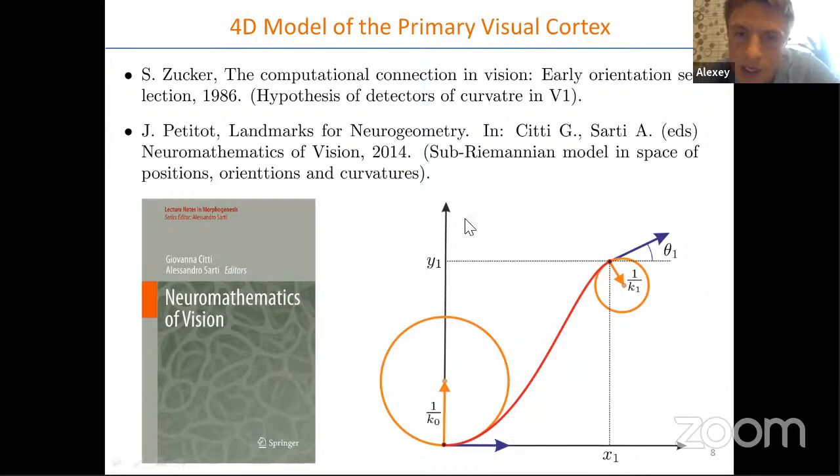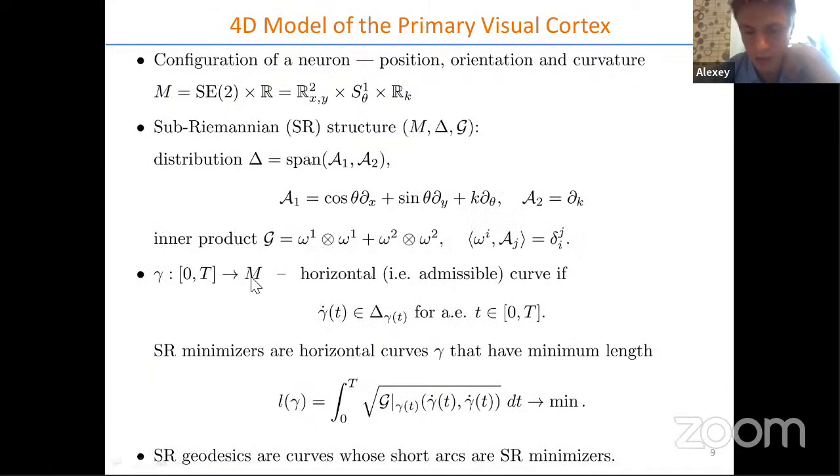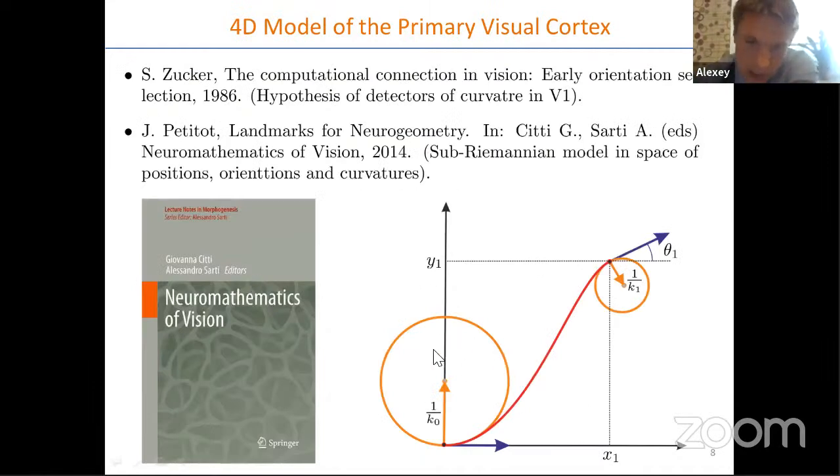In this figure, I am trying to explain the meaning of this model. So now in the classical 3D model, we have point and orientation, which is represented by a tangent vector here. And we are looking for the curves that connect the initial condition and the final condition, and the corresponding curve has a minimum Sub-Riemannian length.